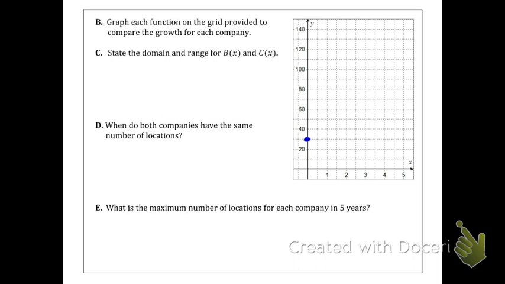Okay, so we plotted 0, 25, then it was 1, 35. 2 and 45. 3 and 55. 4 and 65.